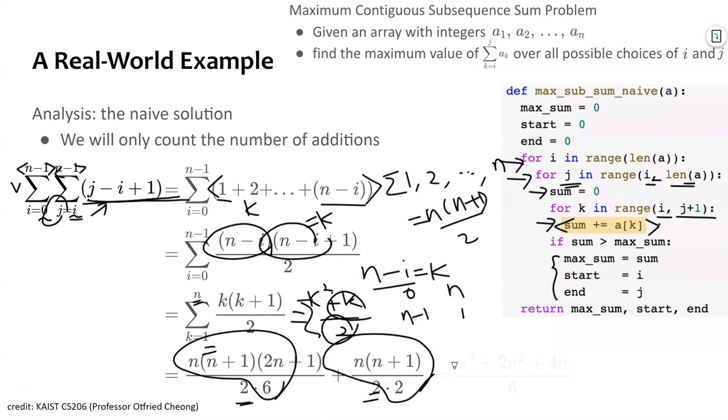So when we expand this one once again, it becomes n cubed plus 2n squared plus 4n over 6. So this is the number of additions that this function is conducting. All right, so this is how we analyze our algorithm. Any questions about analyzing this function in this way?